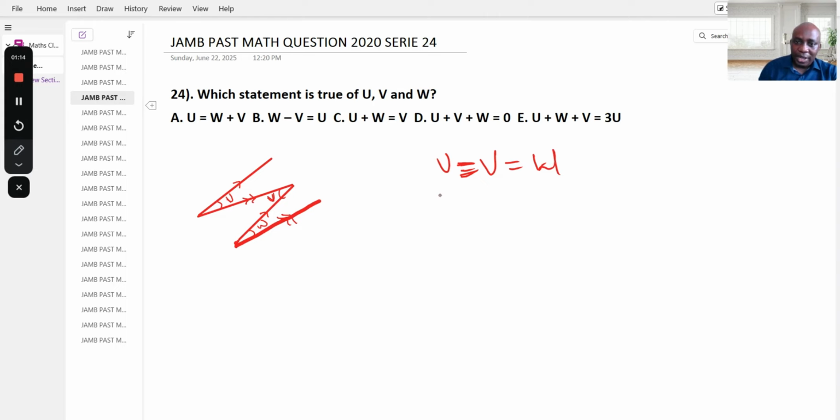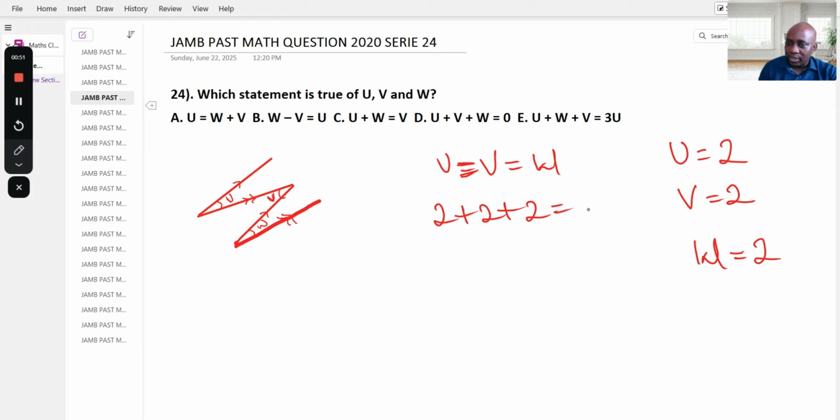Let's say assuming that U is 2, and V will also be 2, and W will also be 2. If you want to know the total of these three, we can just say 2 plus 2 plus 2, isn't it? We are going to get 6.